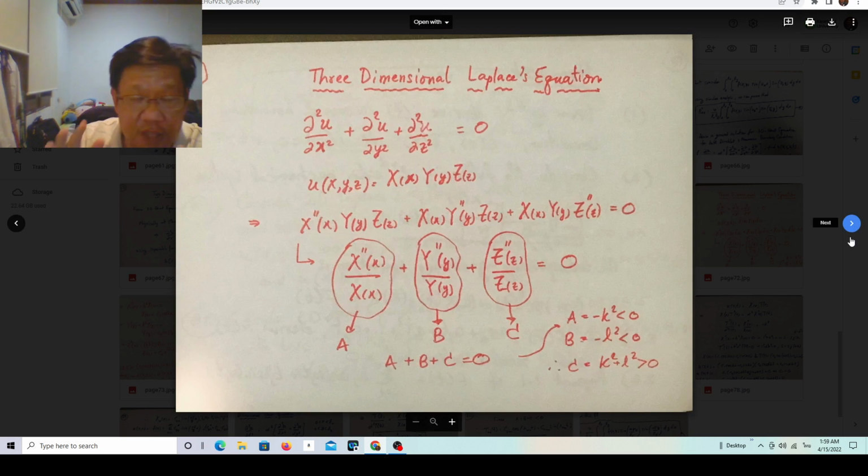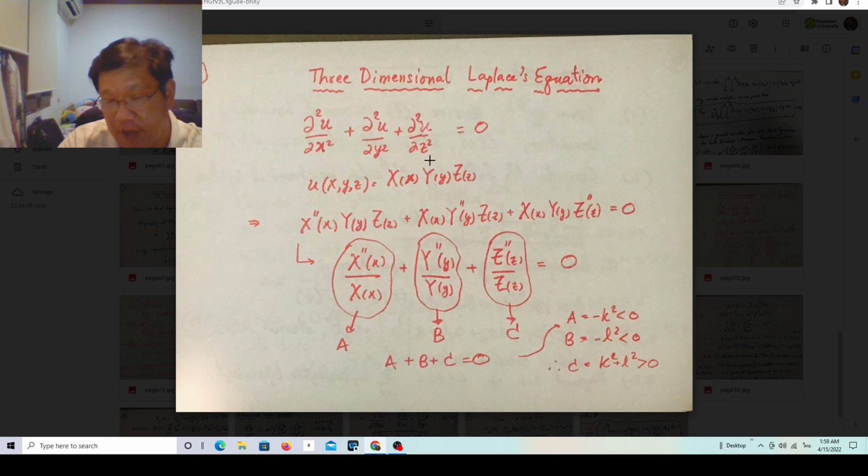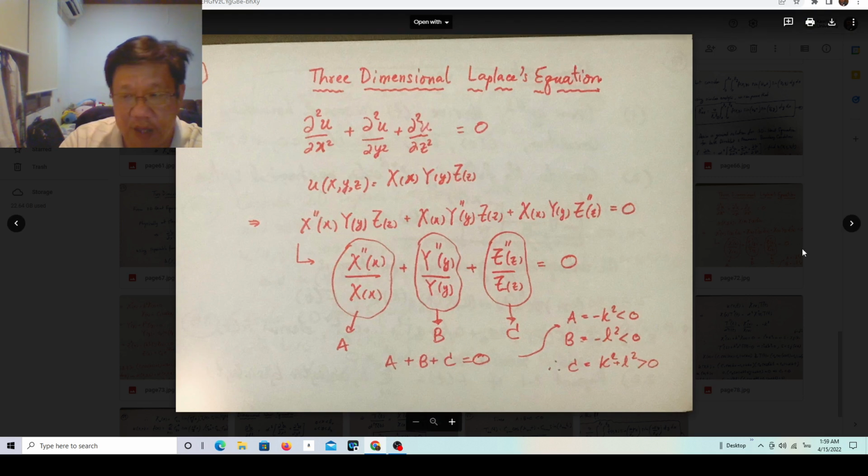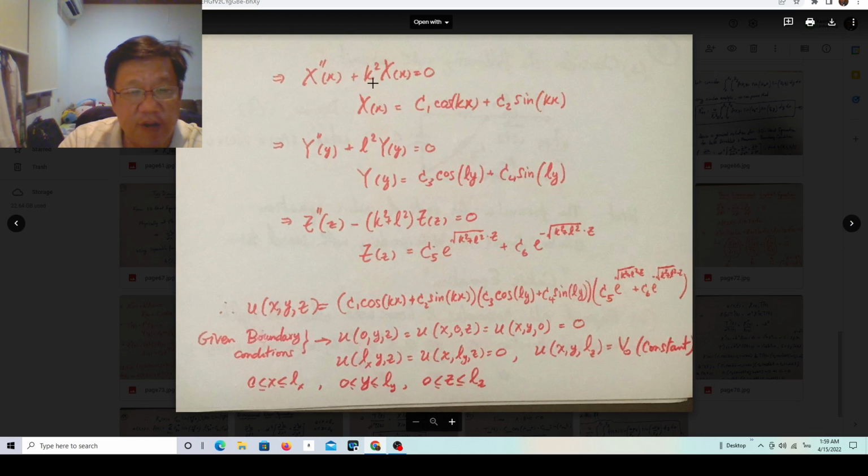But actually, when you study the two-dimensional heat equation, there are three domains, because we have the t domain adding one domain, but the t domain is missing here in the Laplace equation because of the steady state condition, as we explained before. And again, when you get k squared as a positive value, you end up down here with this general form.